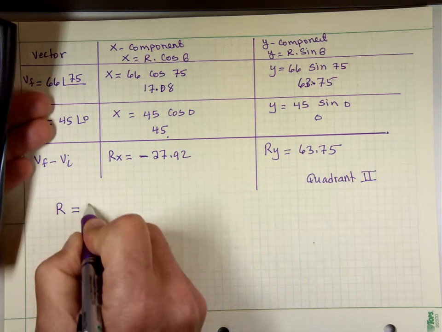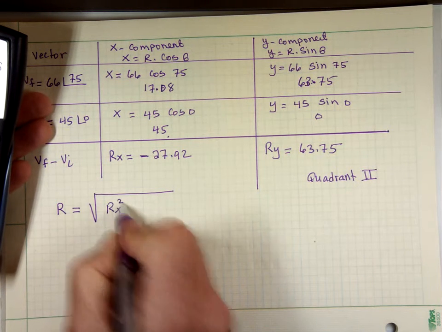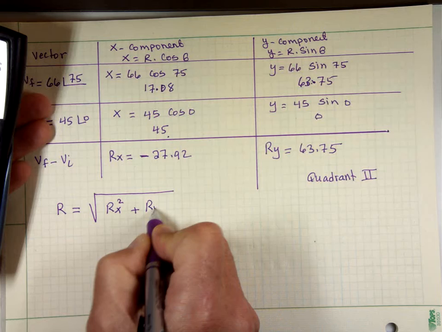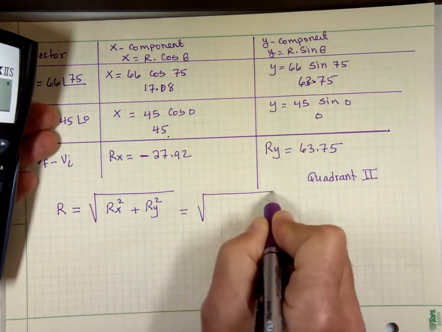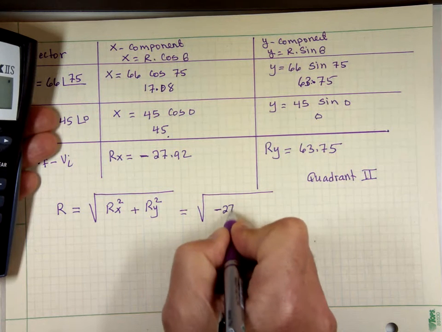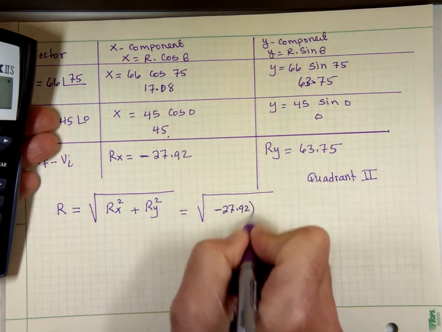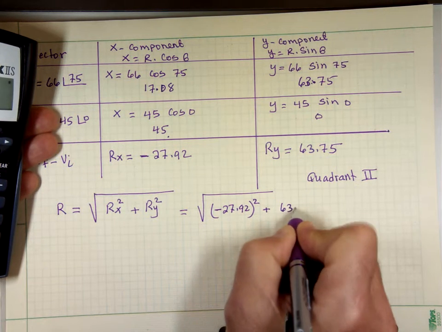So what's the result? It is the square root of the X value squared plus the Y value squared. The X value is what? Negative 27.92 squared, 63.75 squared.